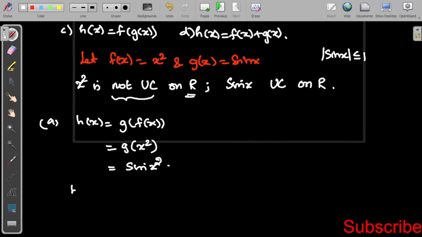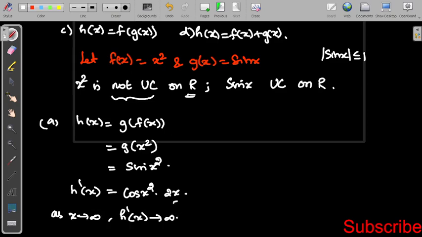So h'(x) is equal to cos x² into 2x. As x tends to infinity, because we are in the real number system, h'(x) also tends to infinity. So we can say that option A is not uniformly continuous. Uniform continuity holds when the derivative satisfies a bounded condition.